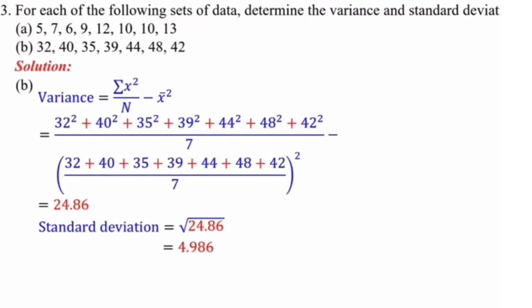But if you are free, you can try to use that formula to find out whether you will get the same answer. You should get the same answer, because the shortcut formula is actually the simplified formula from the formula that I mentioned just now.